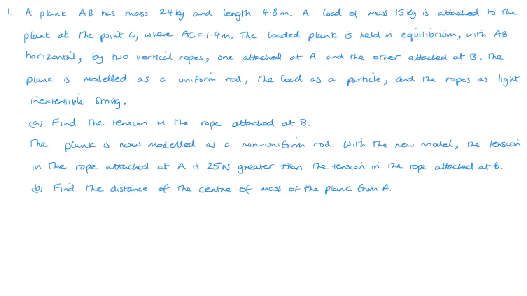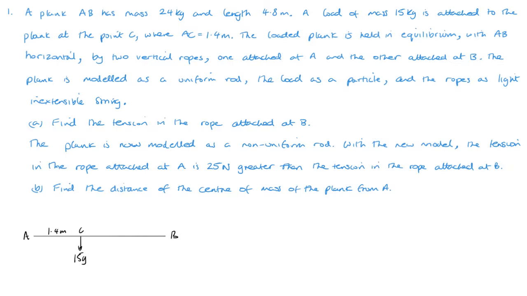Welcome back. Let's have a look at the solutions to this one before going on to the second question. So we have a plank AB, like so, of length 4.8 meters and a load of mass 15 kilograms is attached to the plank at point C. So that is 15g, where AC is 1.4 meters.